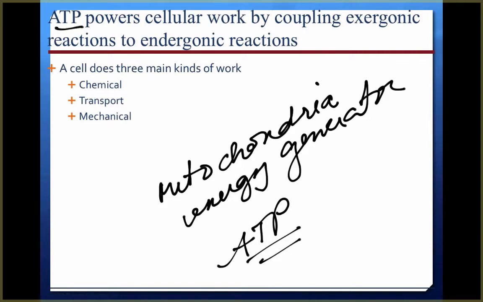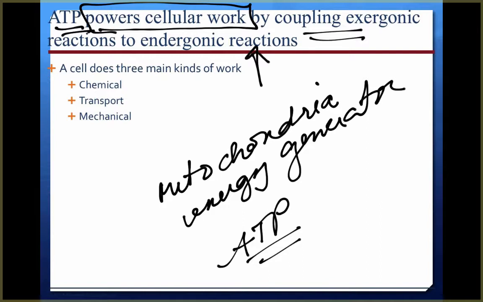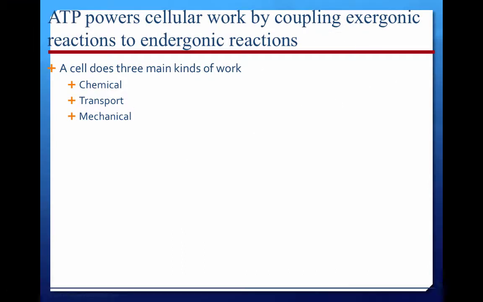And essentially the purpose of ATP, it powers all of the cellular work or reactions by coupling the reaction to break down ATP, that is exothermic, to reactions that are endothermic or do not have enough energy to happen. So they can do it through chemical work. The kind of work that it's responsible for is chemical work, transport, or mechanical work, which we're going to talk a little bit more about.